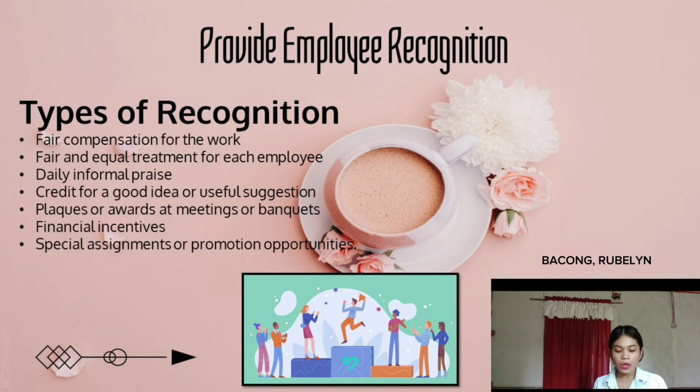Second, fair and equal treatment for each employee. Third, daily informal praise. Fourth, credit for a good idea or useful suggestion. Fifth, plaques or awards at meetings or banquets. Sixth, financial incentives. And lastly, special assignments or promotion opportunities.